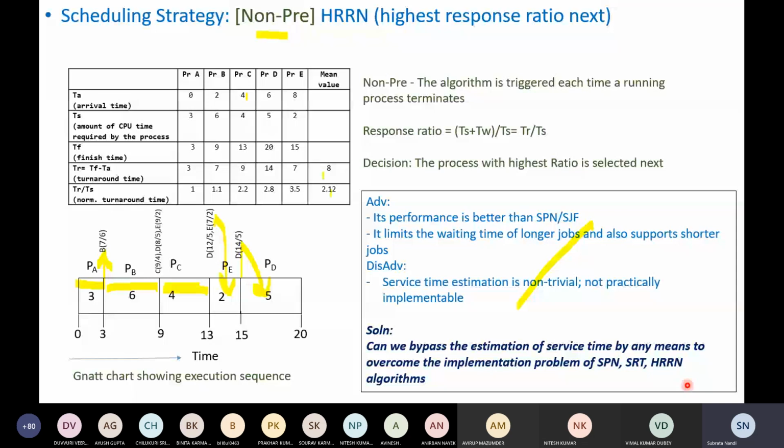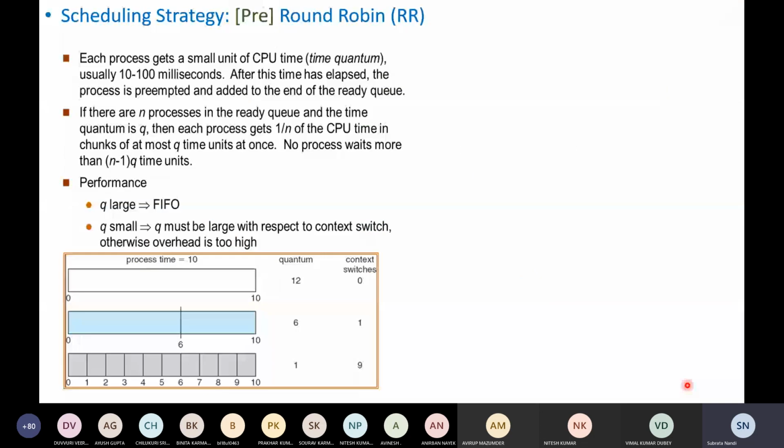So the question now is, we want to take into consideration the service time and also the waiting time, but we don't want to compute it explicitly or estimate it explicitly. So how can this be possible? How can we bypass the computation and still take the advantage of that? So let us see the round robin strategy, which we discussed during the introductory classes.